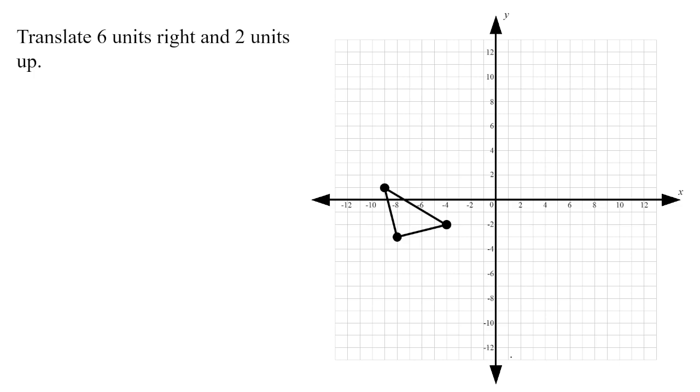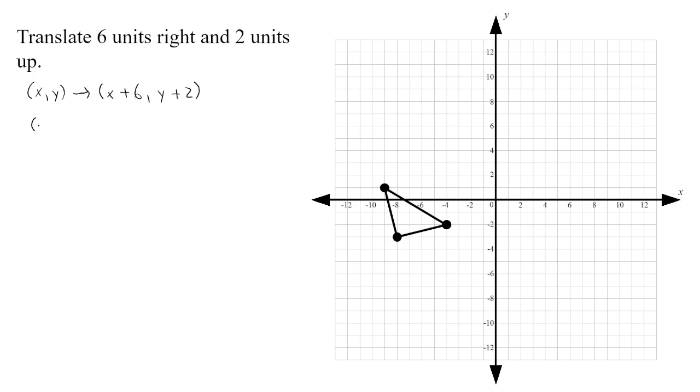Let's say you're asked to translate 6 units right and 2 units up. Well, for translation, this is the rule to use. So we chose the rule to use. Now we're going to use that rule to do the translation. We're going to list our points.